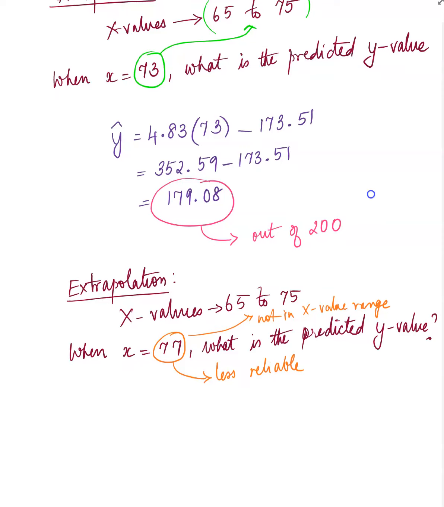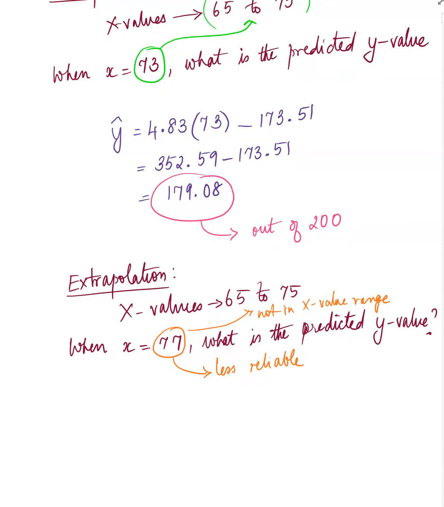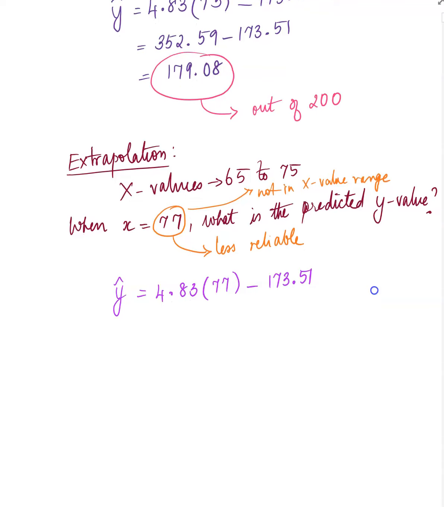So we got the less reliable, and let's see if our corresponding y values are coming out to be reasonable. So let's go ahead and plug this in. 4.83 times 77 minus 173.51, and that calculation comes out to be 371.91.